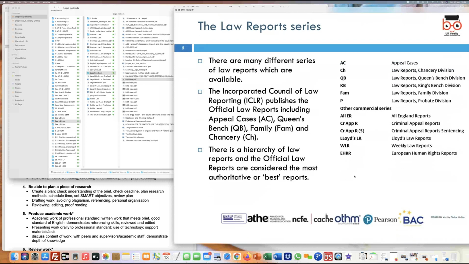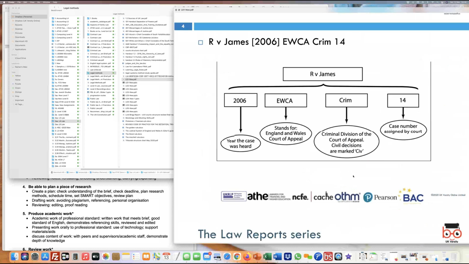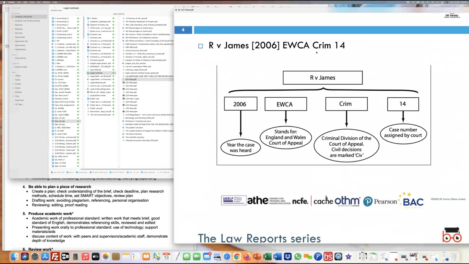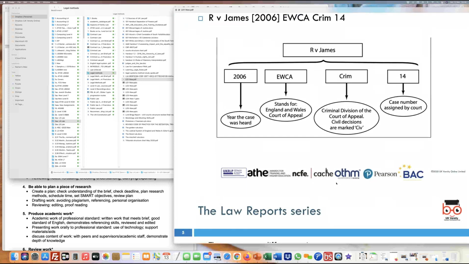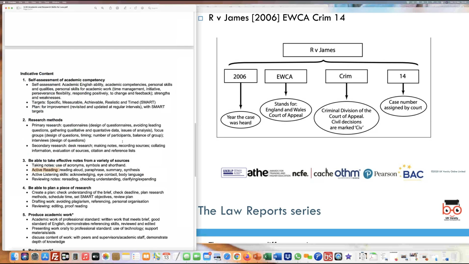I'm going to include these three or four slides even though they are not directly related, because we will use OSCOLA referencing, and when you refer to different case laws and come across this terminology, you should be able to decipher what it means: what kind of gazette it is printed in, which court it was tried in, the year, the volume, or the case number assigned. This will be a useful piece of information to have.